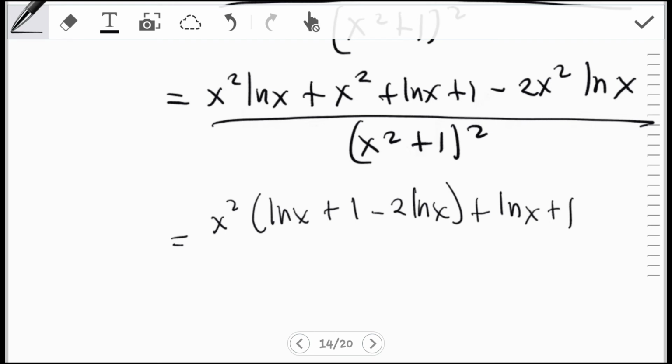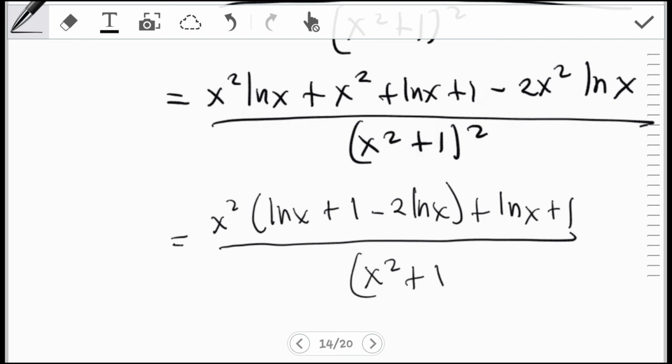Okay? So over x squared plus 1, or the quantity of x squared plus 1 to the power 2.